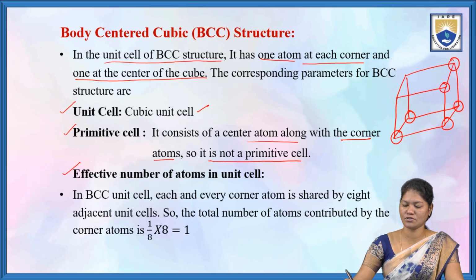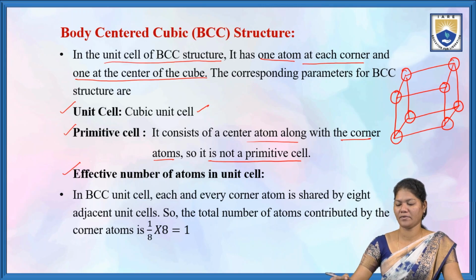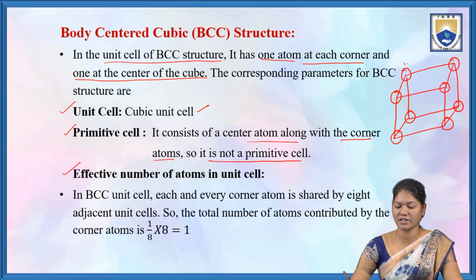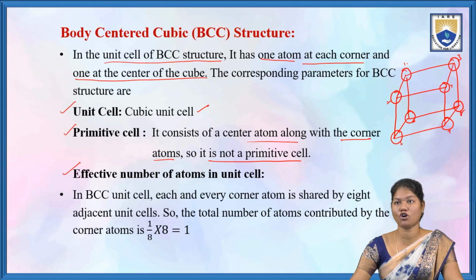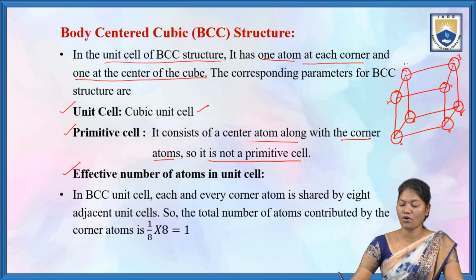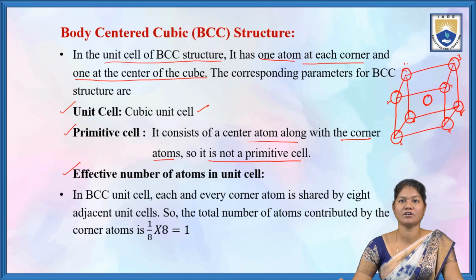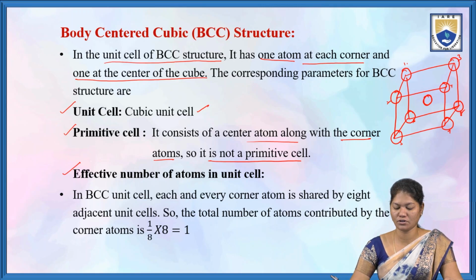At each corner, atoms are there. There are 8 corners: 1, 2, 3, 4, 5, 6, 7, 8. And along with the 8 corners, there is one more atom at the middle of the cube.